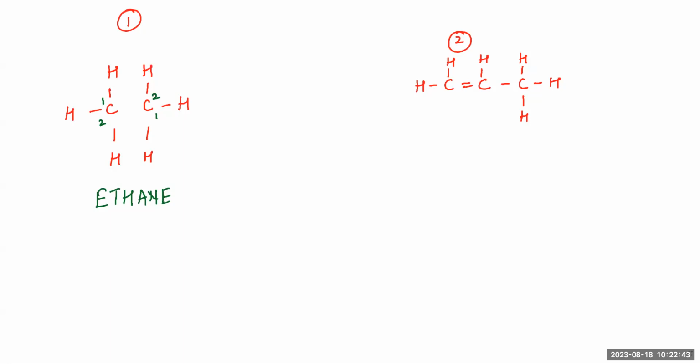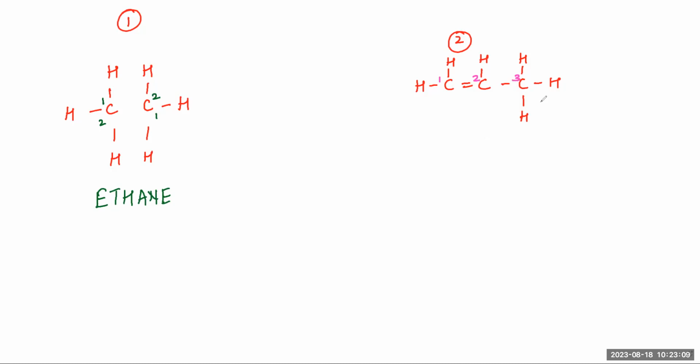So now let's take the second example. So first of all, let's find out the longest continuous carbon chain in this example. So to begin with, let's start the numbering of this. So I'm first going to start the numbering from the left side. So that would be 1, 2, and 3.